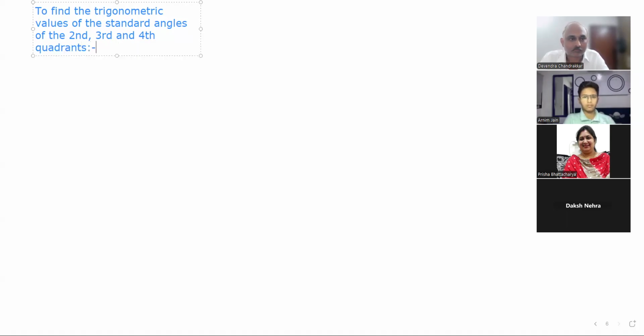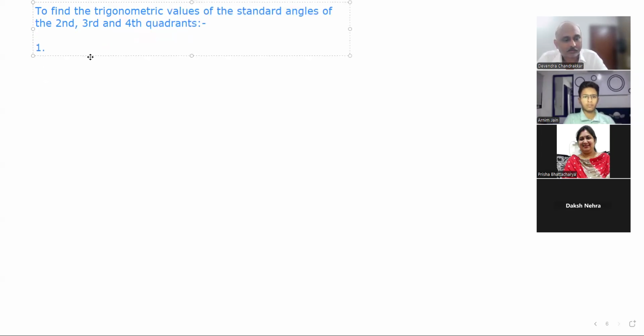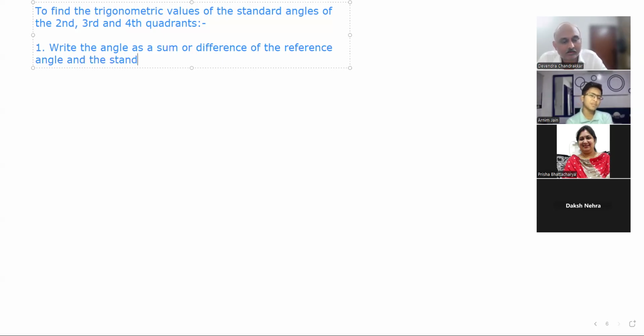First step: write the angle as a sum or difference of the reference angle and the standard angle of the first quadrant.